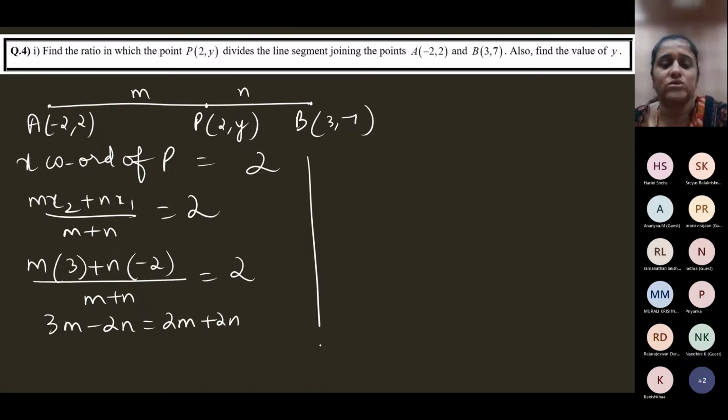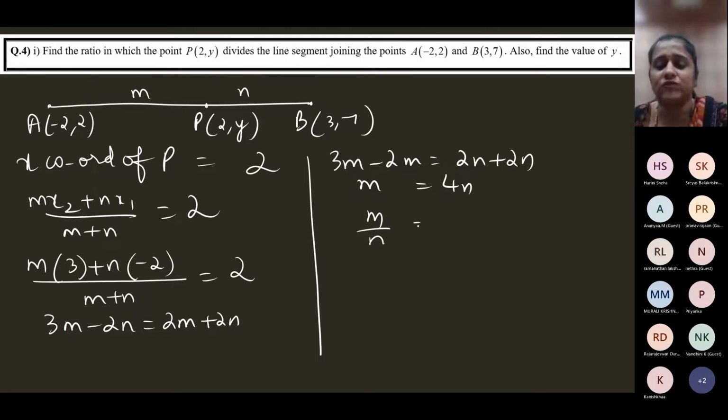M on one side, n on the other side. So 3m minus 2m is equal to 2n plus 2n. M is equal to 4n. So bring the n for division. M by n is equal to 4. That means m by n is equal to 4 by 1. Therefore, the required ratio is 4:1.